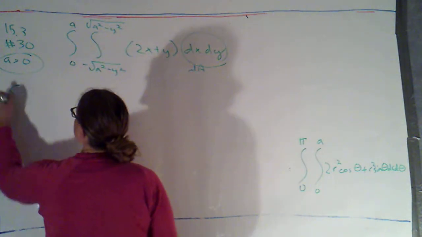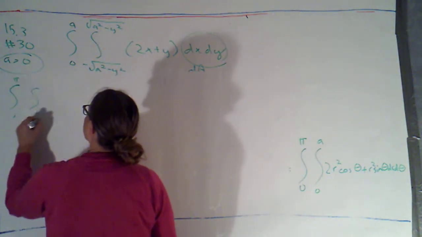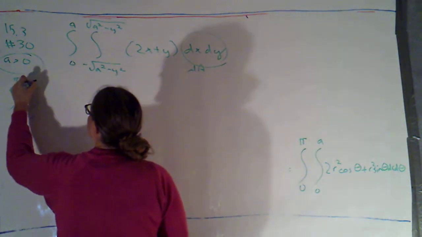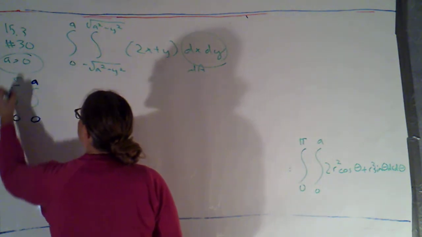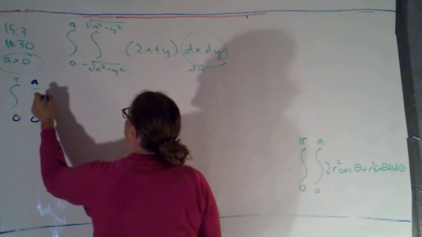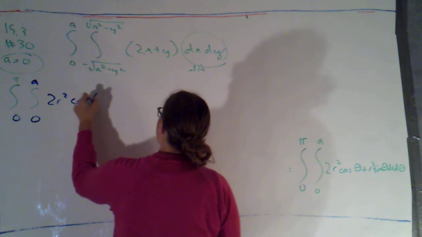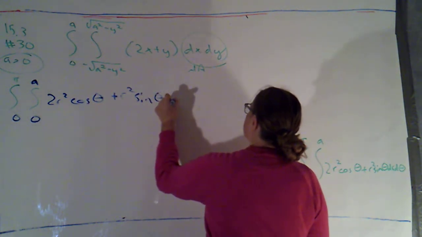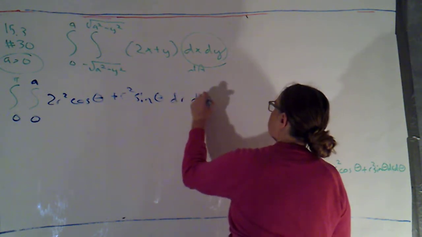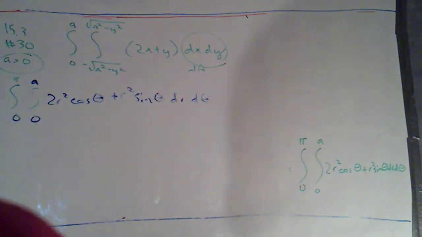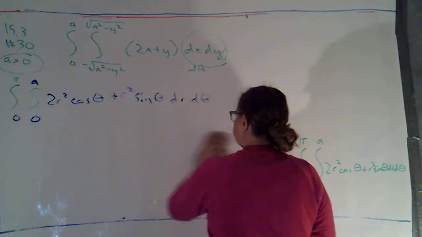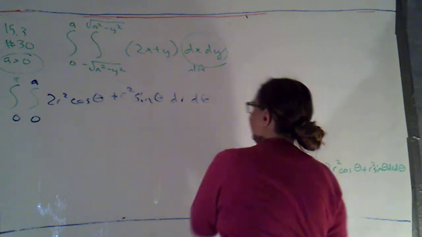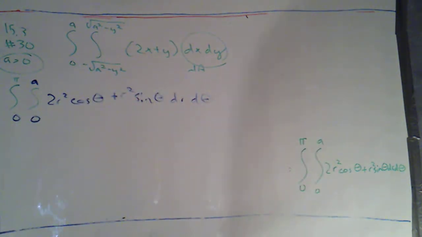So we now want to do the integral from 0 to pi, the integral from 0 to a, of 2r squared cosine theta plus r squared sine theta dr d theta. Oh dear, I didn't dry this board enough. The joys of home videos.